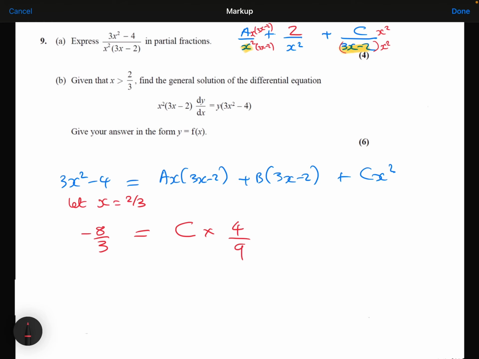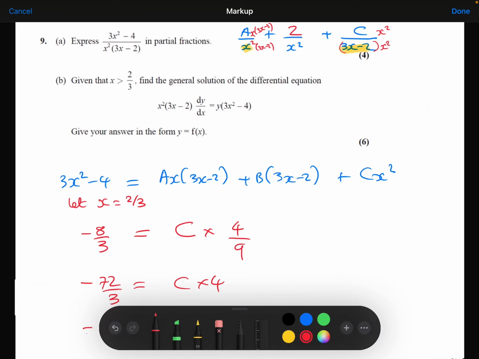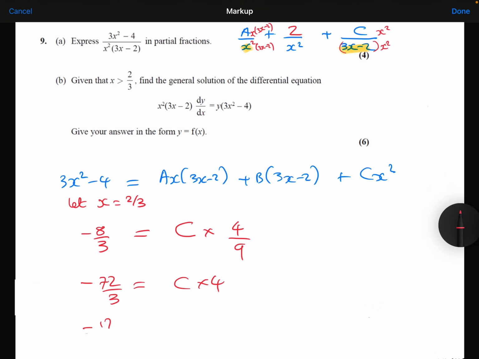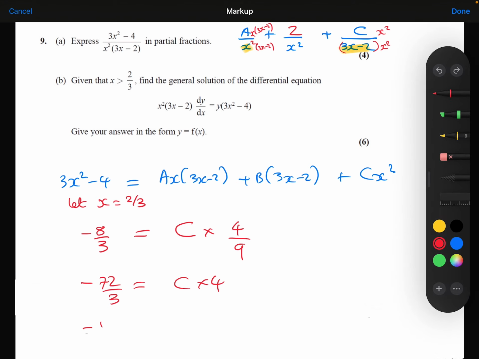So, working out the C then, I'm going to times both sides by 9, and I'll get minus 72 over 3. Then divide both sides by 4. I'll get minus 72 over 12, which is minus 6. So C is minus 6.